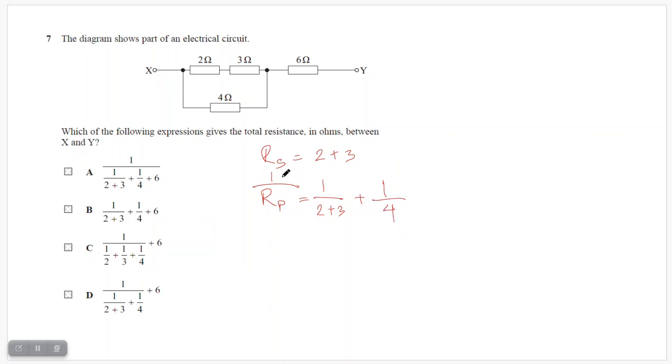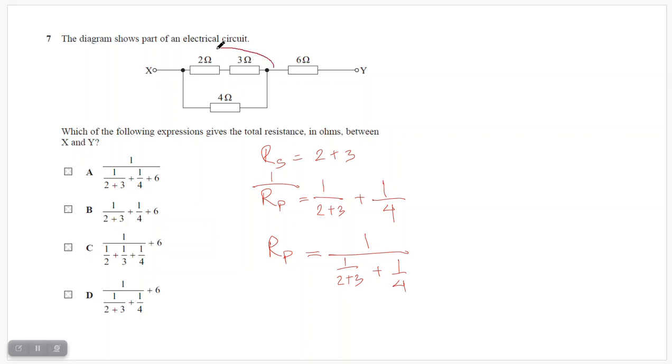So what you got here is not Rp, as in resistance of the parallel branch. This is 1 by Rp. So you have to inverse the whole thing. So resistance of the parallel branch would be inverse of this whole thing: 1 by 2 plus 3 plus 1 by 4.